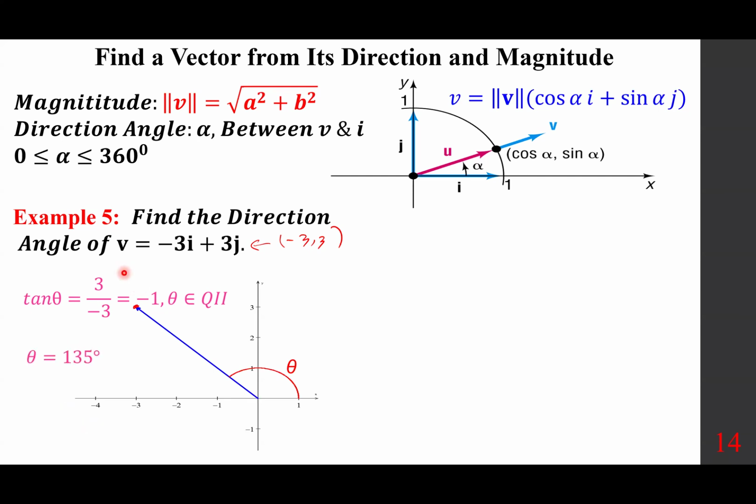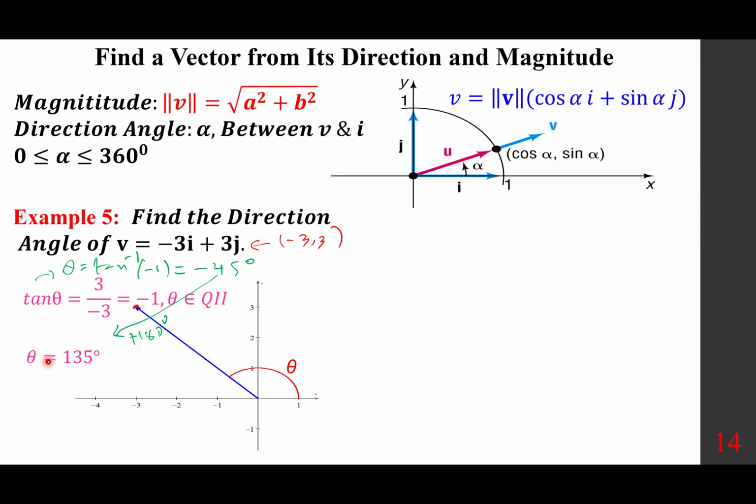So if you go with the inverse function, class, if you said theta is tan inverse of -1, it gives you minus 45 degrees or minus pi over 4. You have to add 180 degrees. So it puts you in the second quadrant. You have to know the quadrant or it doesn't work. So we found the angle. Theta is 135 degrees. That's what we are looking for.